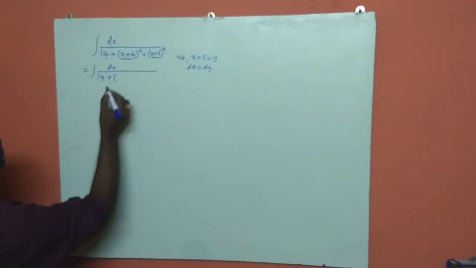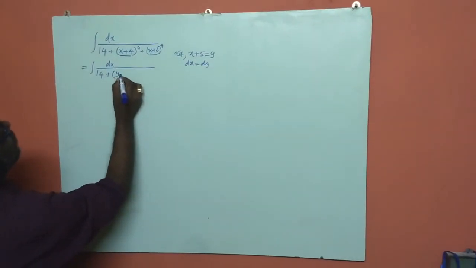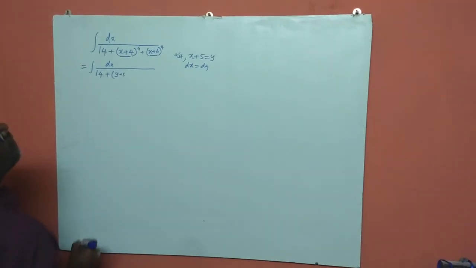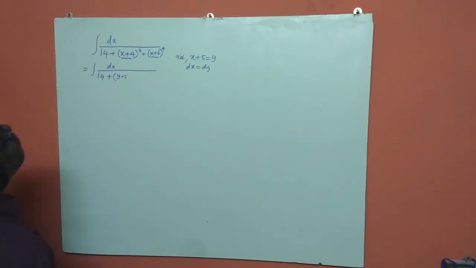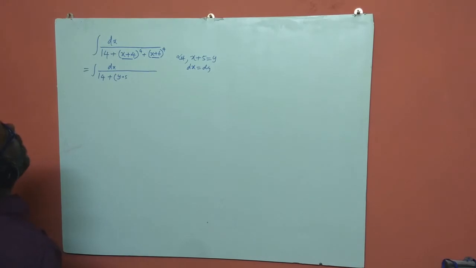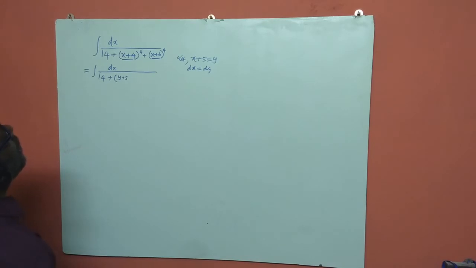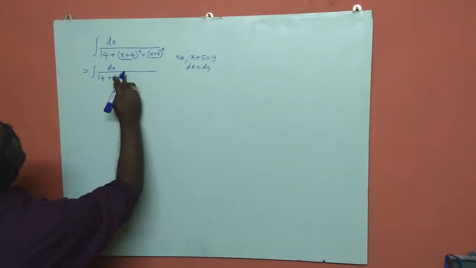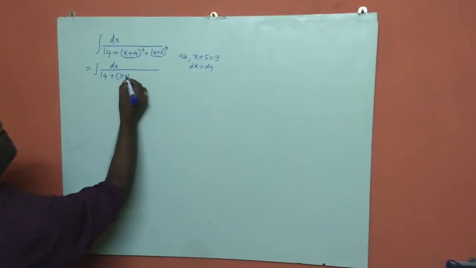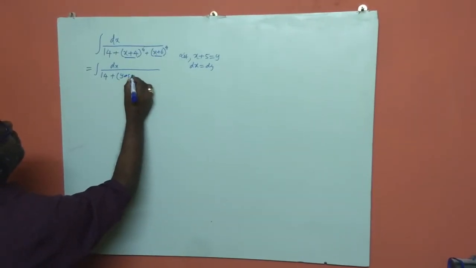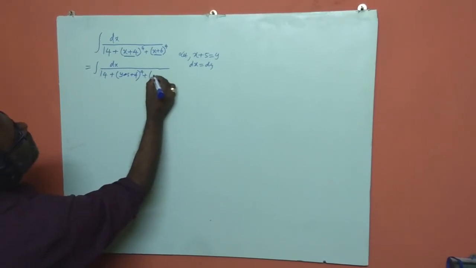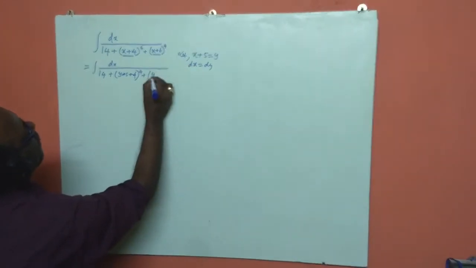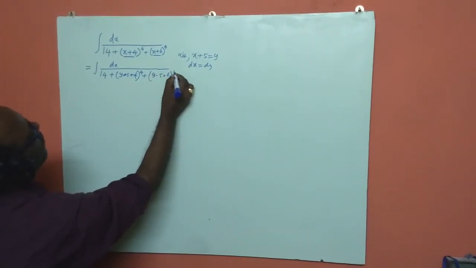X plus 4 means that x is equal to y minus 5, sorry, this is y minus 5. x plus 4 is y minus 5 plus 4 whole to the power 4. And now here x plus 6 is y minus 5 plus 6 whole to the power 4.